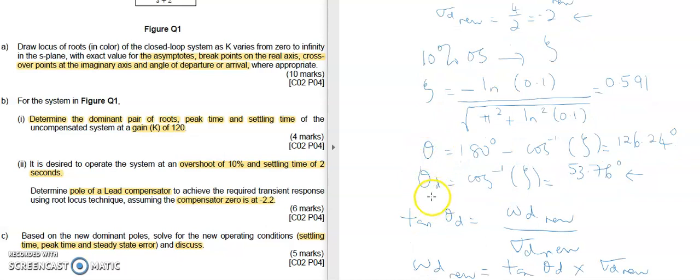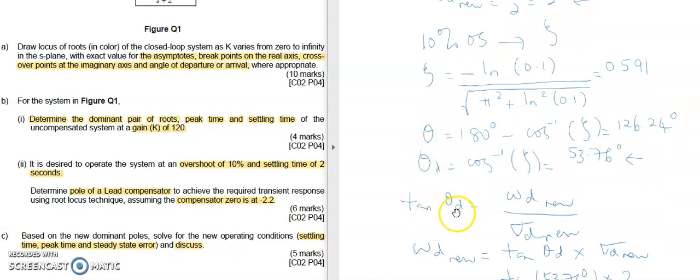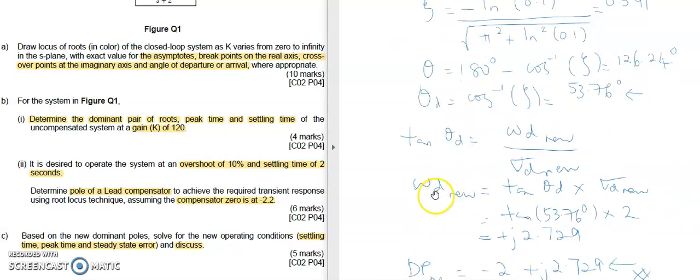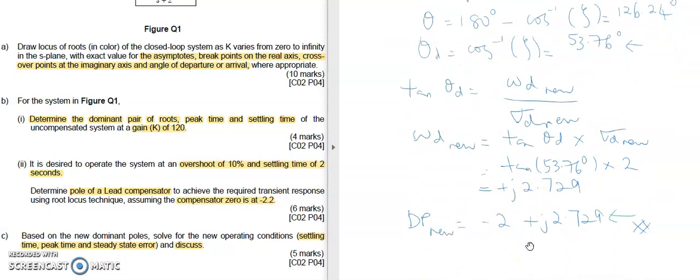Based on this formula, using the value of theta d, you can determine the new omega d, since you have the new sigma d from the new settling time value. Then you can determine your new dominant pair of roots, which is negative sigma d plus j omega d.